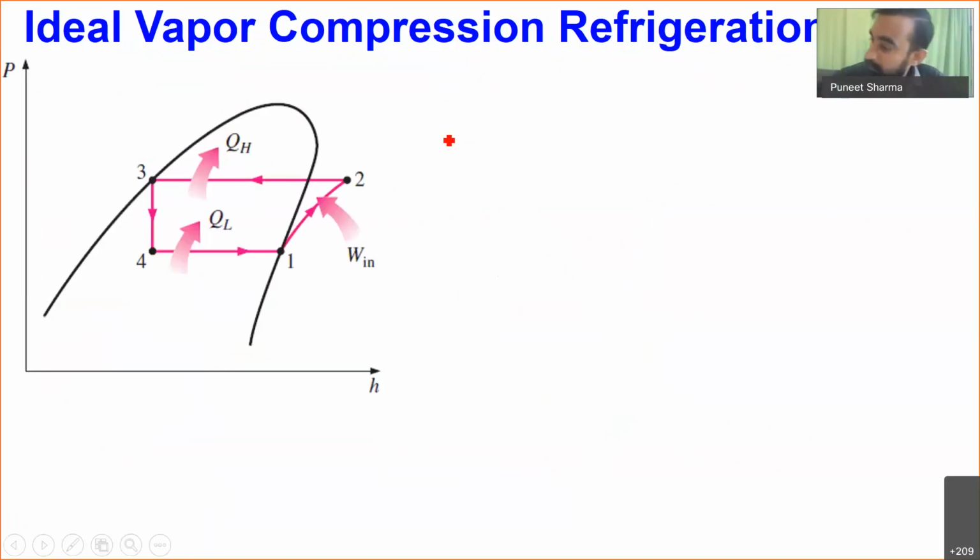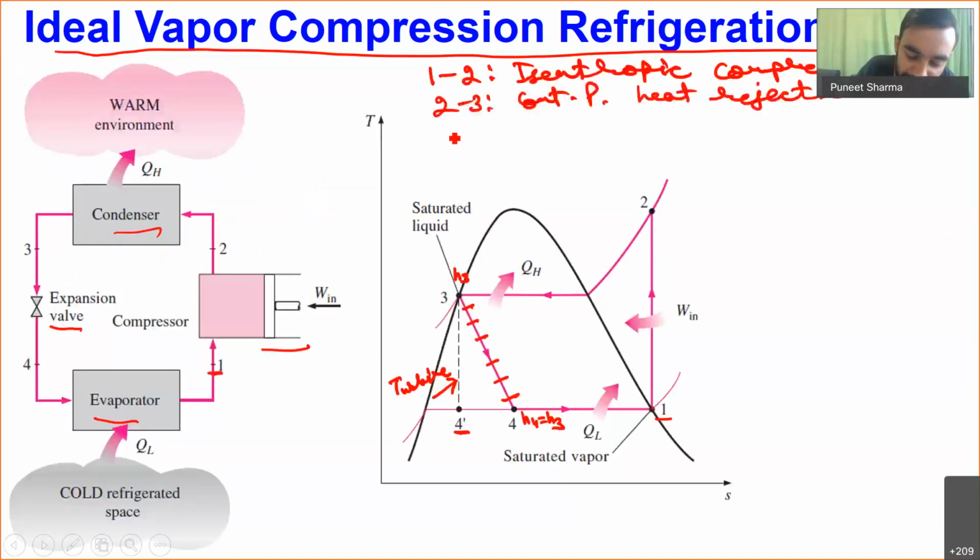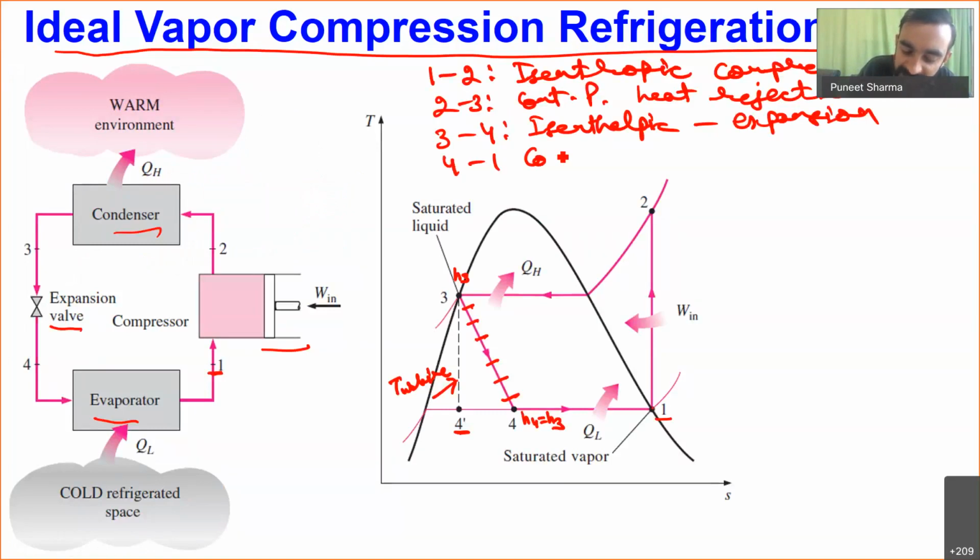Then process number 3 to 4 is isenthalpic, an isenthalpic expansion, and then process number 4 to 1 is constant pressure heat addition. So these are the different processes in our ideal vapor compression refrigeration cycle. This is also known as the VCRS system.